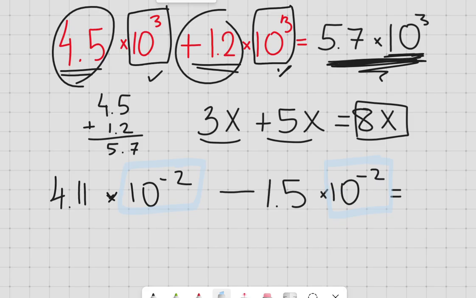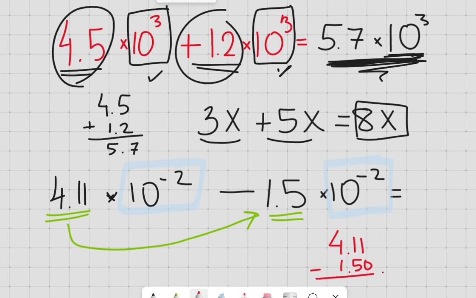Perfect. The only thing we need to do is subtract 4.11 minus 1.5. All right, let's subtract it here. 4.11 minus 1.50 will be 1 minus 0, 1. 1 minus 5 doesn't work, so 11 minus 5, 6.